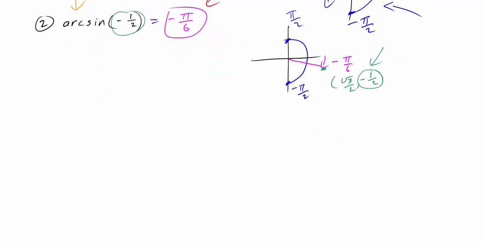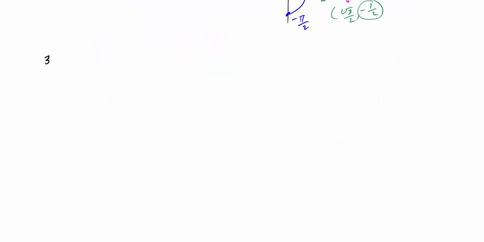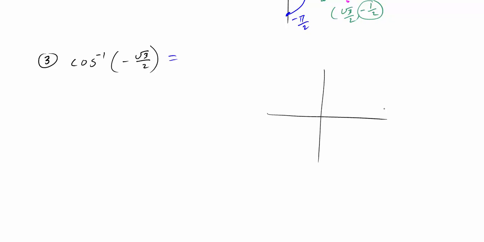All right, so let's look at the third example. This one we're going to look at the inverse cosine of a negative square root of 3 over 2. This one's going to be a little different because remember the inverse cosine, our possible answers are going to go from 0 over to pi.